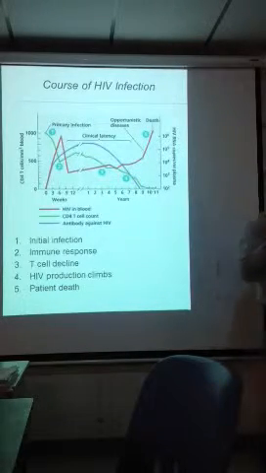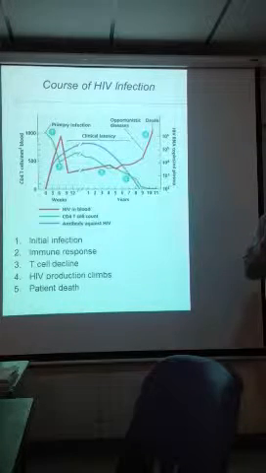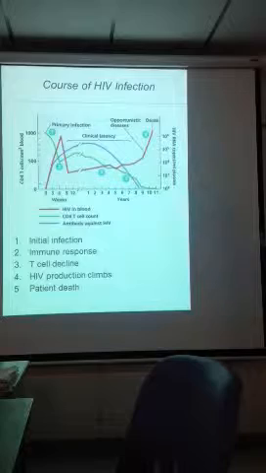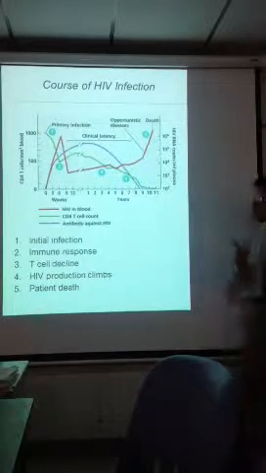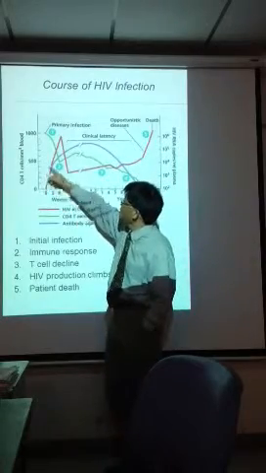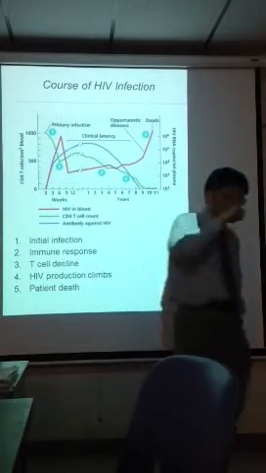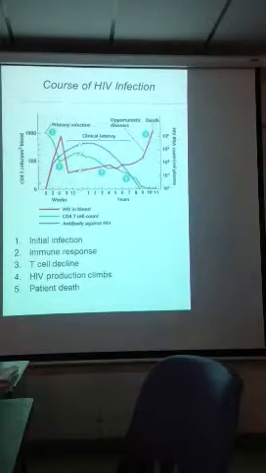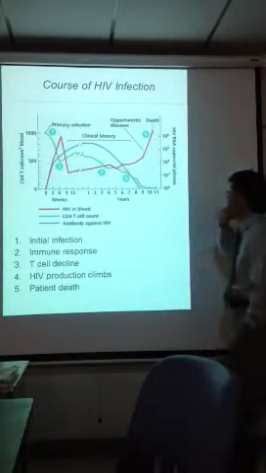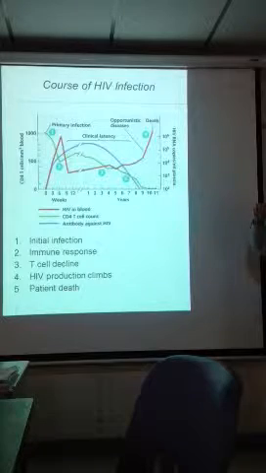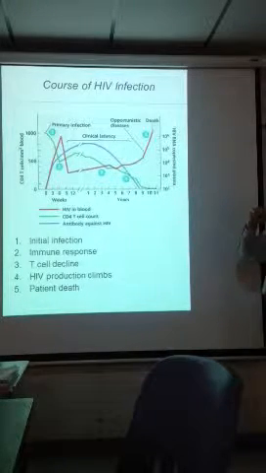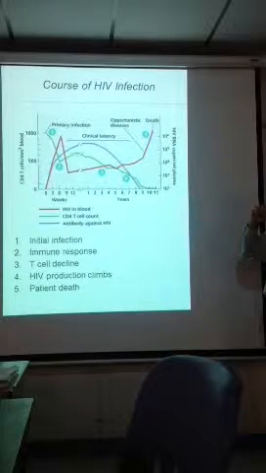Why does it go down? What's happening? What's being produced to make it go down? Antibodies, right. So the immune response does kick in, and you can see that from the antibodies. So you can see how the antibodies against HIV go up, okay? And that exerts some control over the amount of HIV, okay?